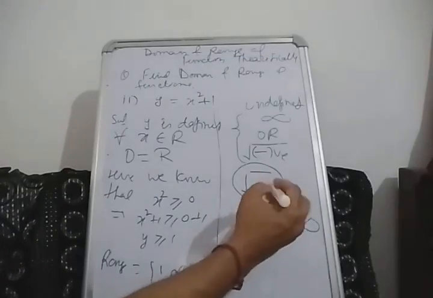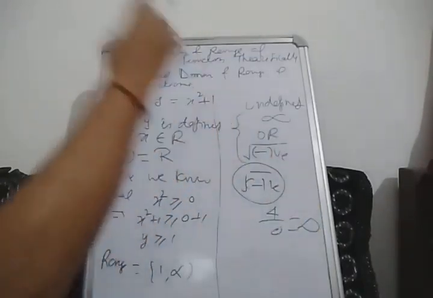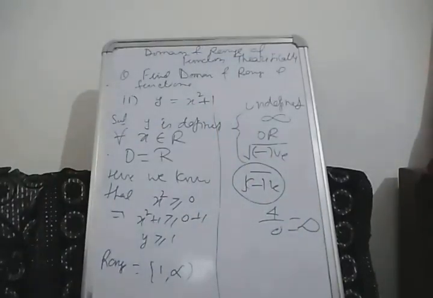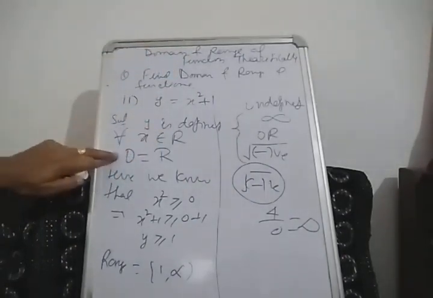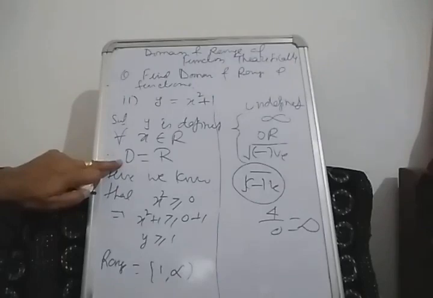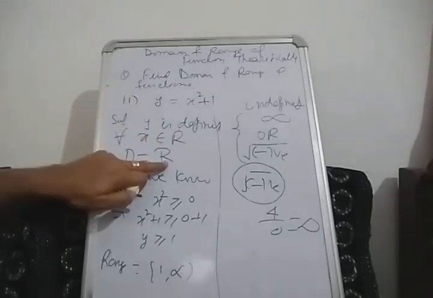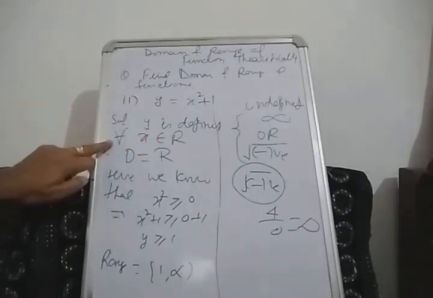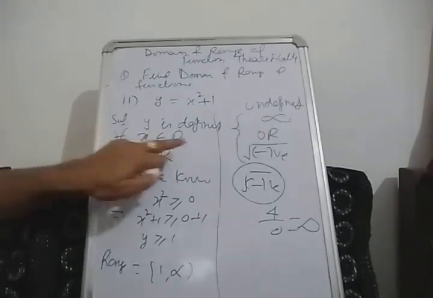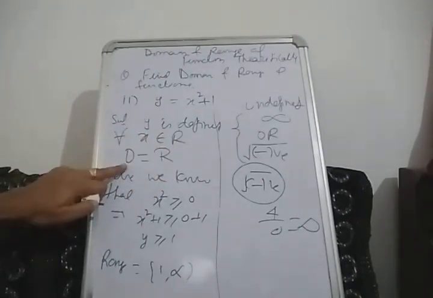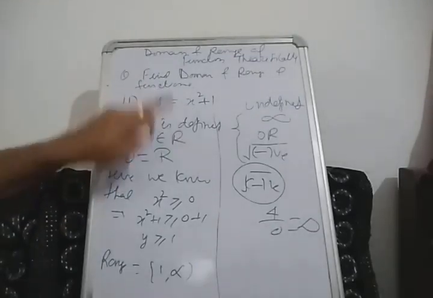So you can put any value of x, which means all real numbers. This is the domain: the domain of the function is all the real numbers. This sign means 'for every', a V with a cut. For every value of x which is a real number we can put it in, so y is defined.